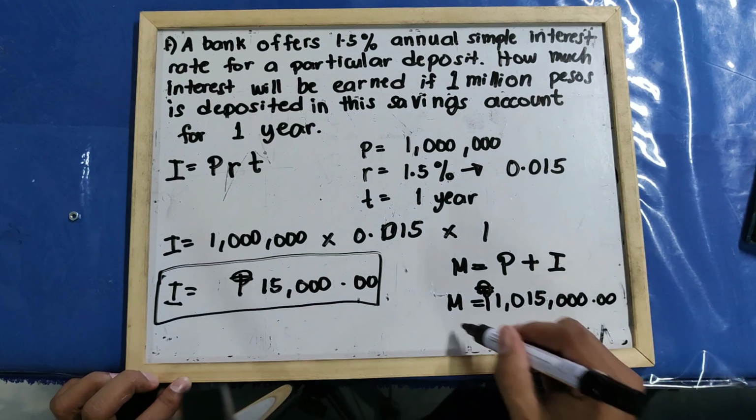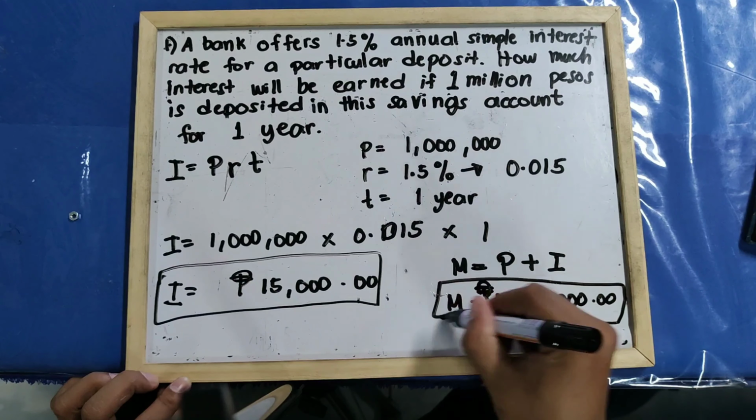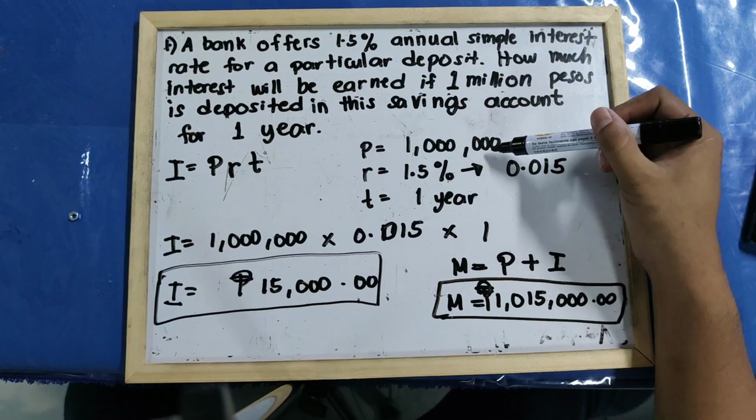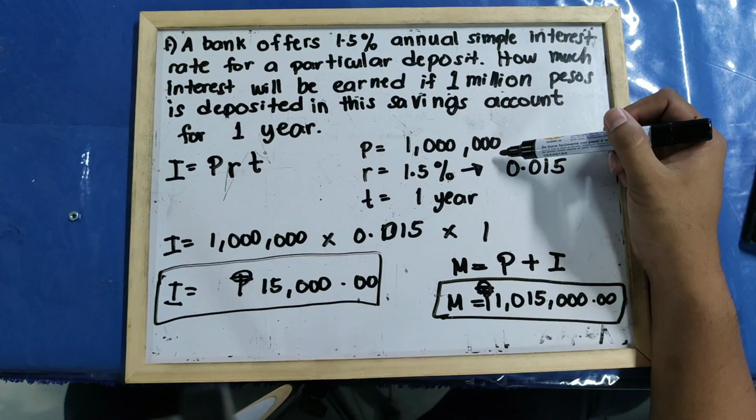So, that is our maturity value. Again, let me emphasize. Interest is 15,000, this is his interest on the 1 million pesos he invested. 1 million pesos is his principal that he invested.